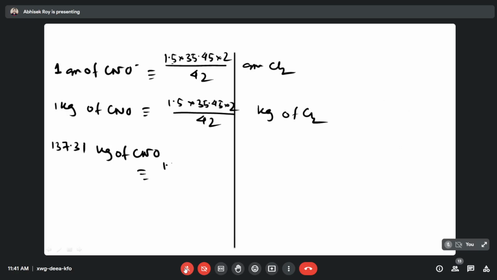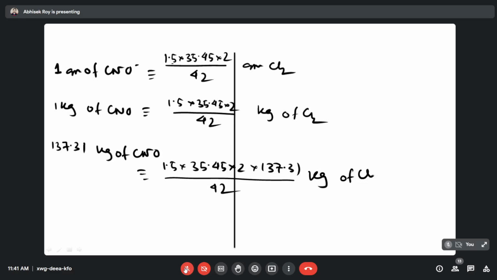So that means 1.5 into 35.45 into 2 into 137.31 divided by 42, this much kg of Cl2। তাহলে বের করো কত কেজি Cl2 লাগছে। 347.6, তাই তো?